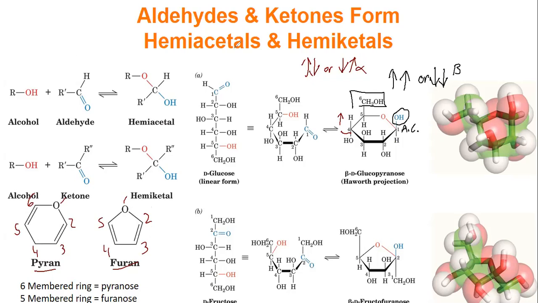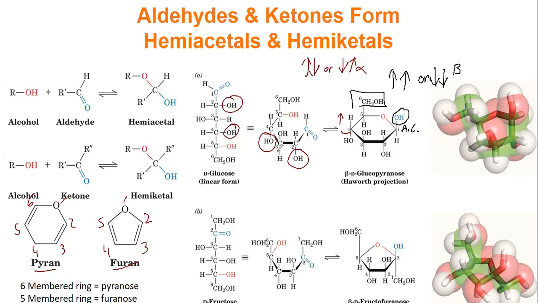So that actually does not matter so much. The thing that matters is that you are consistent, right? So if we look at glucose, carbon 2 and carbon 4 are on the right. So in my drawing, they have to be on the same side of the ring, right?